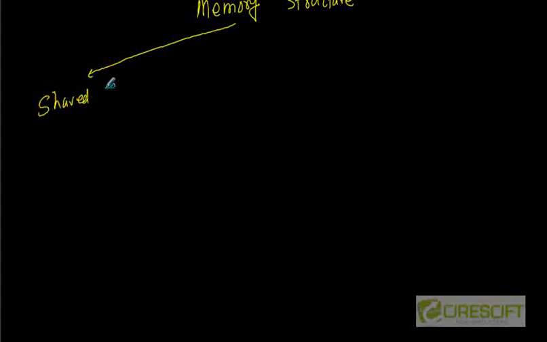So let's write it down. Memory structure: the first one is called shared global area, or in short SGA.